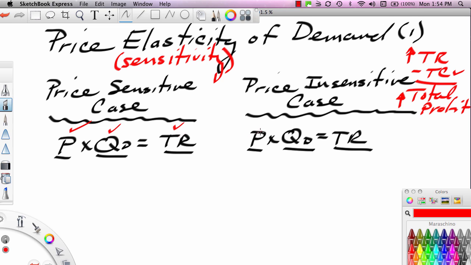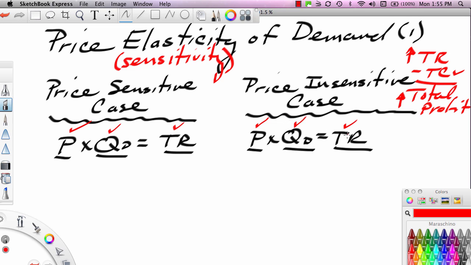Whereas over here, suppose the price of something goes up significantly, but buyers don't end up buying that much less. Well, revenues could actually increase. So if the buyer is very, very sensitive to a price increase, revenues could fall. If the buyer is very, very insensitive to a price increase, revenues could actually rise.